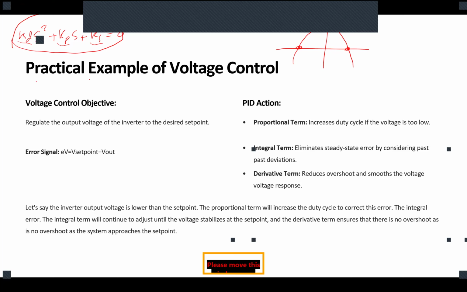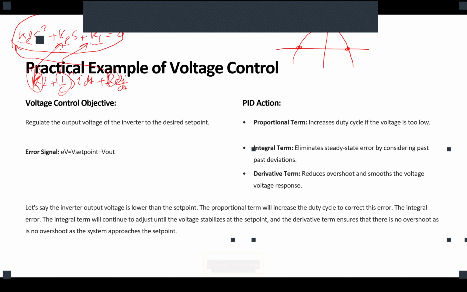This is going to be R i plus 1 over C integral of i dt plus L di/dt, correct? So KD is L, this is KD, this is KI, and R is KP in the RLC circuit.